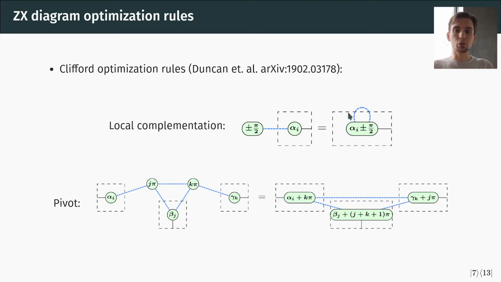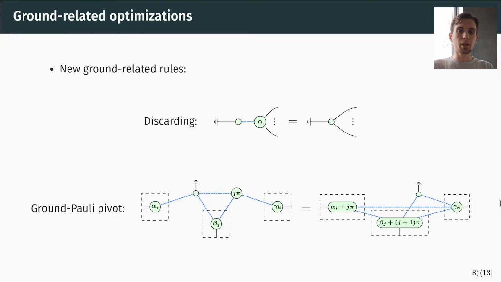We have adapted these two rules to the ZX ground calculus and also introduced a number of gFlow-preserving rules that interact with the grounded spiders. The first one is the discarding rule, which deletes any spider connected to a degree 1 grounded spider.